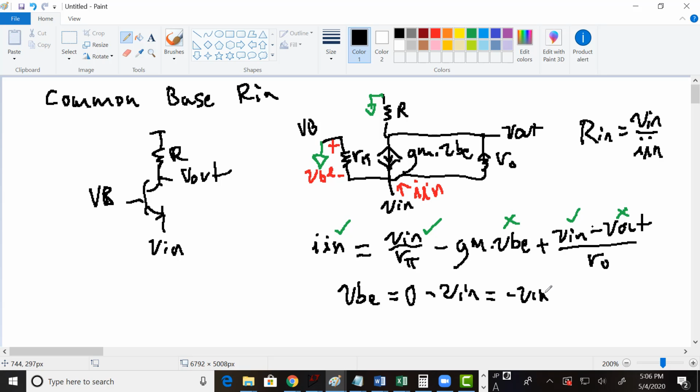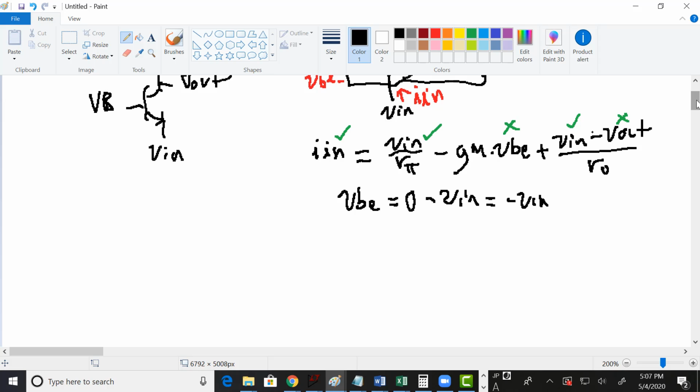If we replace that, that's great, because now Vn is something we see in the Rn equation. So this term is actually done. This just goes to minus Vn.